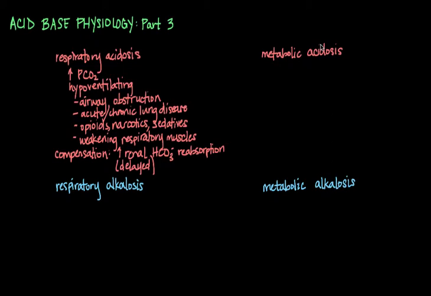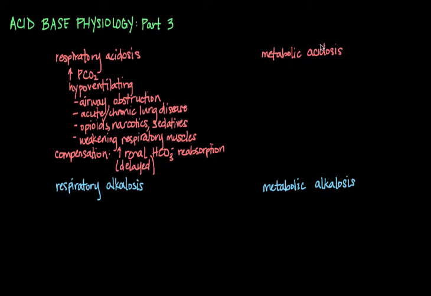Okay, so now let's move on to metabolic acidosis. In metabolic acidosis, the PCO2 is normal or even decreased, so the acidosis can't be explained by that. It is instead explained by either some other acidic entity in the blood or by a low bicarbonate concentration.